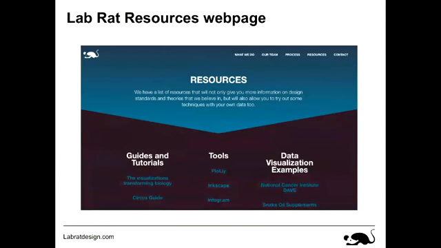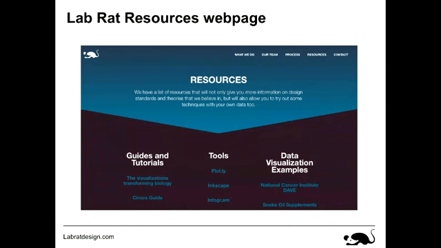You won't necessarily have the Adobe Creative Suite, which costs a fortune, actually, as a designer, especially if you're only using it once in a blue moon. But we have a long bank of open source resources that you can go online and take advantage of, both in guides and tutorials, tools, and data visualization examples. So you can certainly get some more information there.